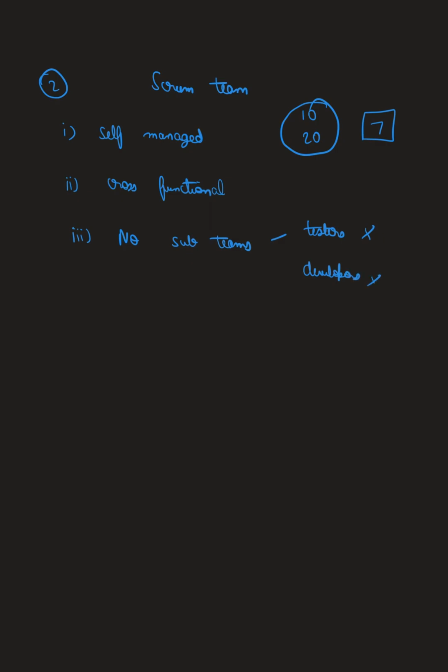When I say no developers, I'm trying to convey that there is no separate hierarchy, but they call everyone in the team a developer. Don't get confused that there is no developer. There are developers; everyone is a developer as per the Scrum guide, whether you are a designer or a tester.